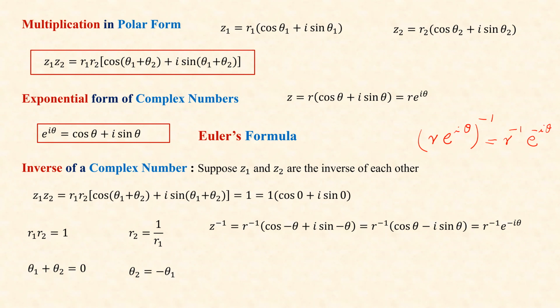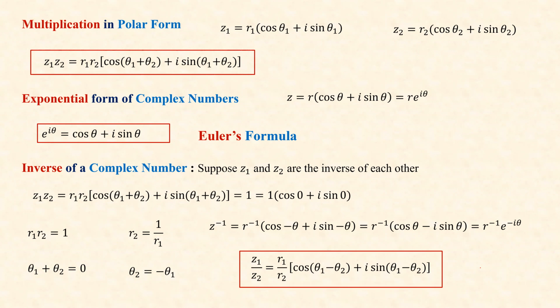So it follows the property of powers, power over power. So it is e to the I theta to the power negative 1. You multiply the powers, right? It becomes e to the negative 1 times I theta, right? So you see that everything works perfectly like that.